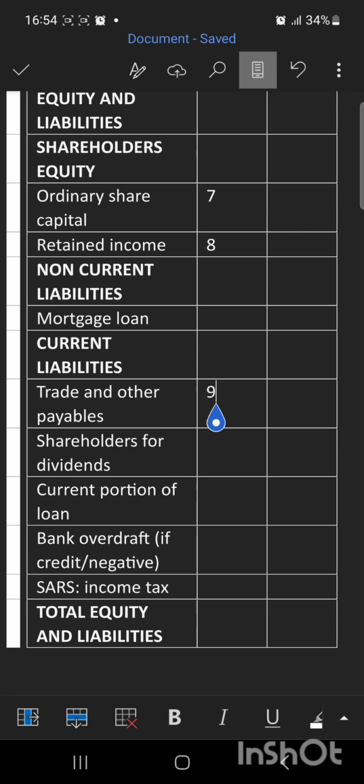And then we come to our retained income. In order to calculate it, you're going to have your opening balance, you add your net profit after tax, you subtract the amount above the average price, the difference, the amount of money that you use to repurchase your shares.